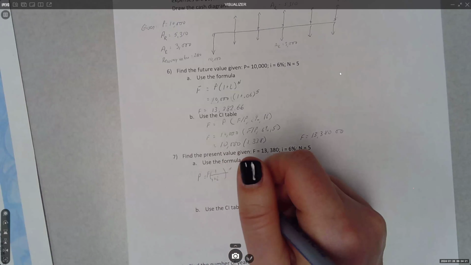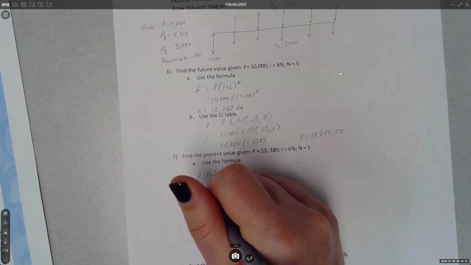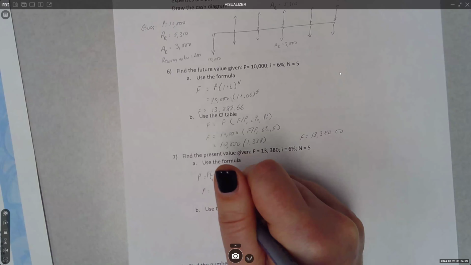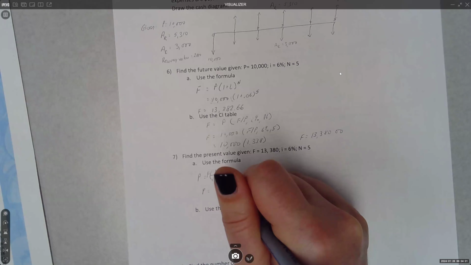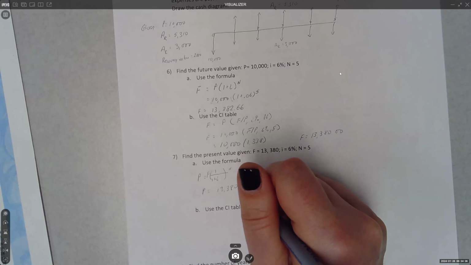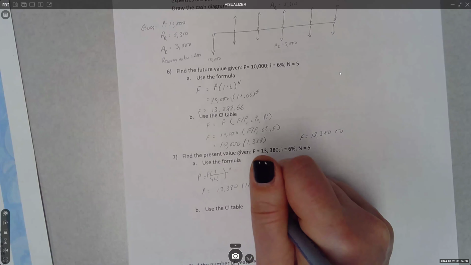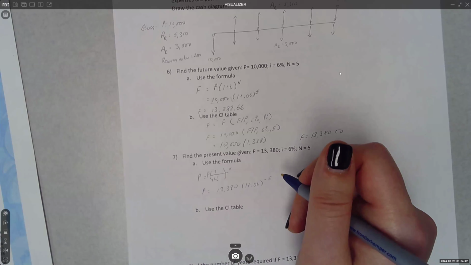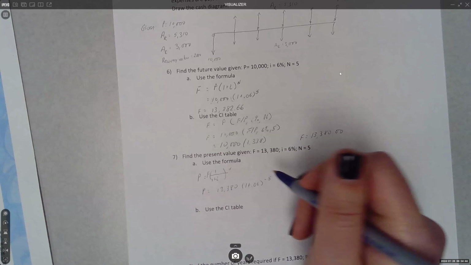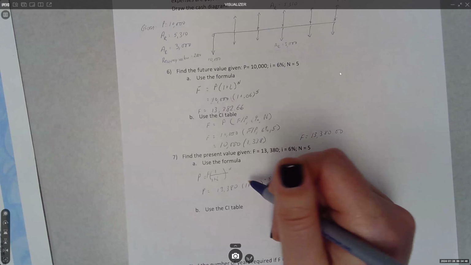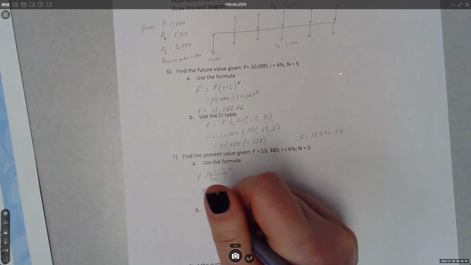Putting this in more standard notation, 13,380 is our future amount. And then I'm going to do 1 plus 0.06 to the negative 5. To take care of that reciprocal, I'll just negate it. So it's still that 5 in that N place, but I'm going to do a negative, and that way I can just put it all on one line because it's simpler to write that way.